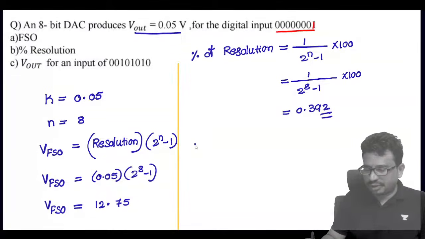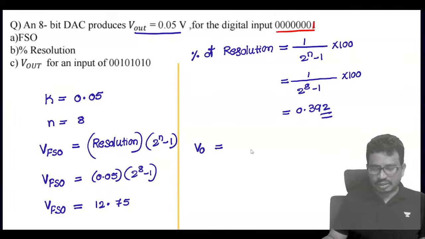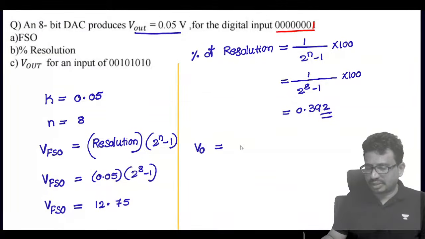Now we need to get the output voltage V0. Here V0 is equal to resolution into decimal equivalent. The resolution is 0.05, into the decimal equivalent.